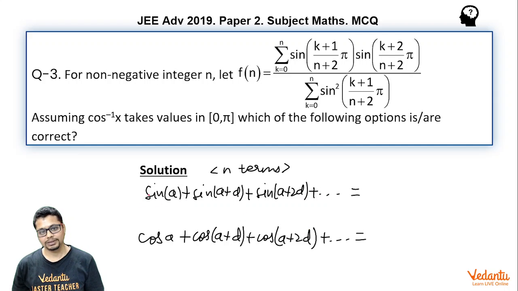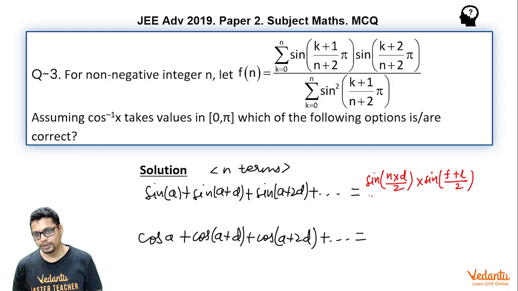For example, sine A plus sine (A+D) plus sine (A+2D) and so forth, suppose there are n terms, then the summation we can write in a simplified form as sine of (number of terms multiplied by common difference of angles divided by 2) multiplied by sine of (first angle plus last angle) by 2, divided by sine of common difference of angle by 2.